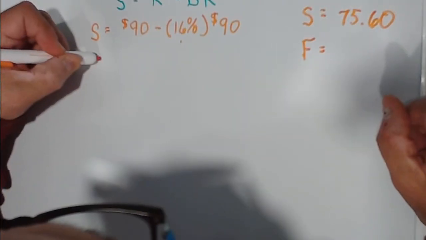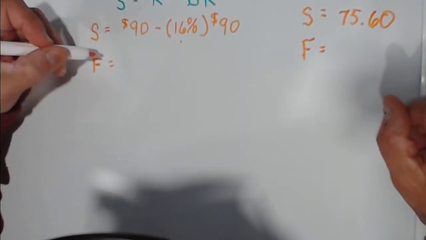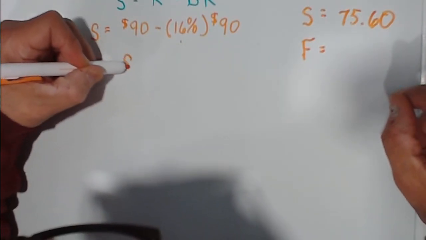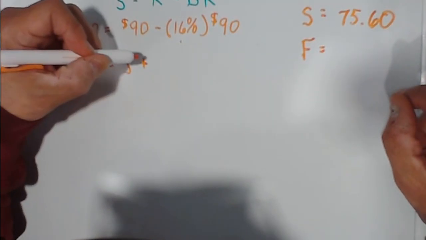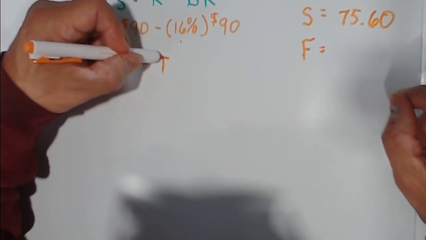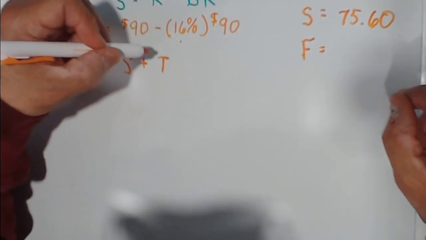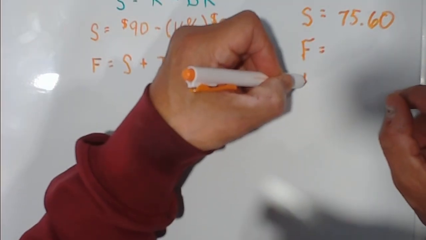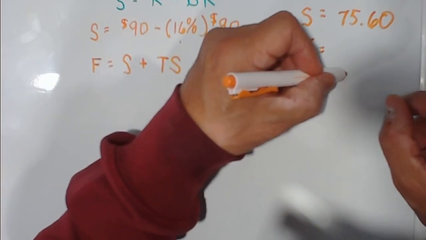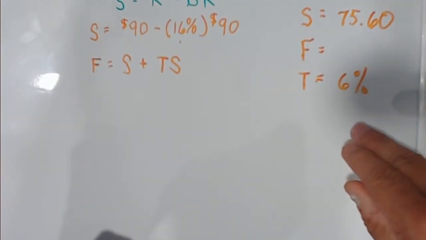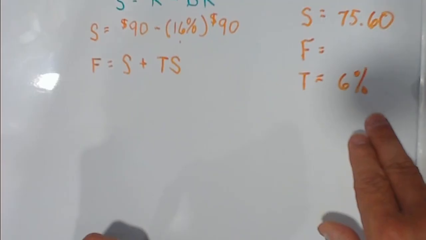The final cost is what you paid, the sales price, plus the tax, which I'll call T, times S. We know the tax is 6%, but we can't use a percent like this.